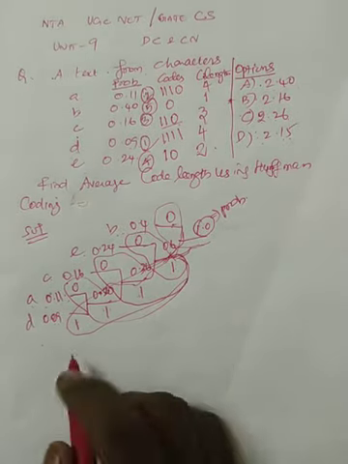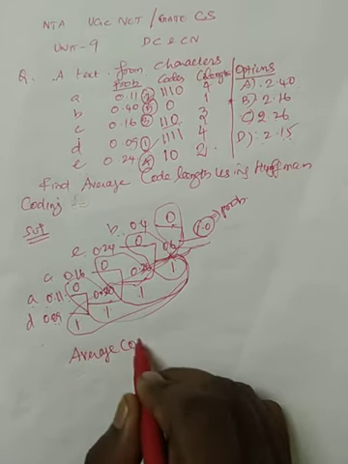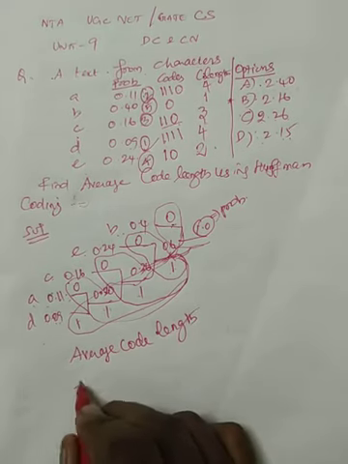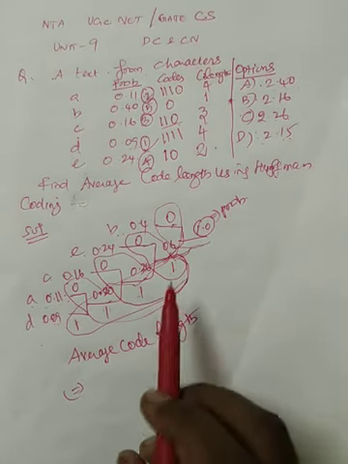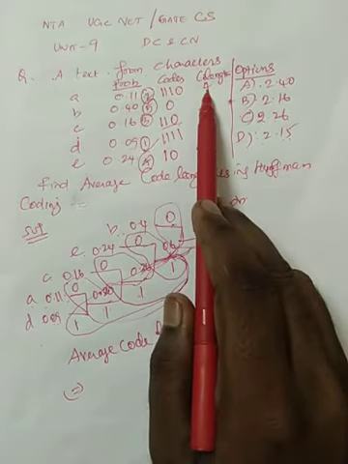Now they are asking for the average code length. The average code length is the sum of the product of the actual probability and its code length.